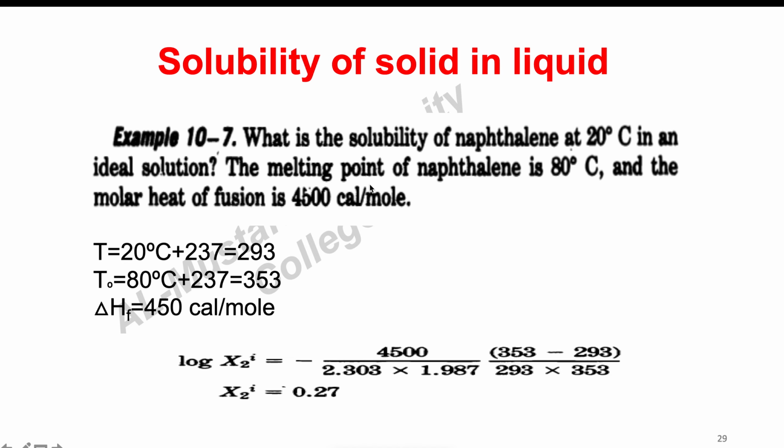The melting point of naphthalene is 80, and the molar heat of fusion is 4500 kilocalorie per mole. Temperatures, we said, are all in absolute, so add 273 to all of them. And delta H of fusion, delta HF, is given to us, so I have everything I need.